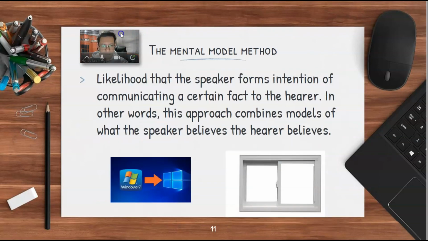We have the mental model method. That means when we're having a conversation, it is what I think the hearer is thinking or understanding from my perspective. So here is a situation that I actually lived.